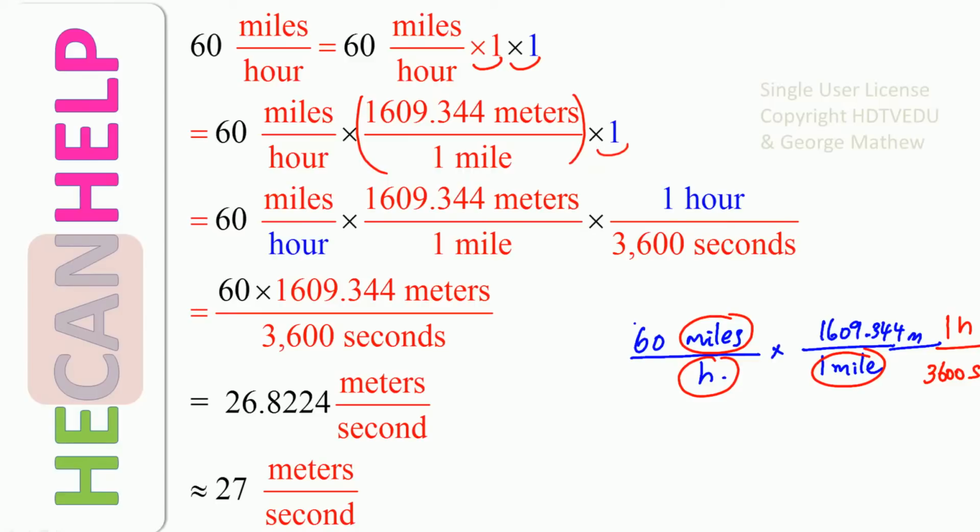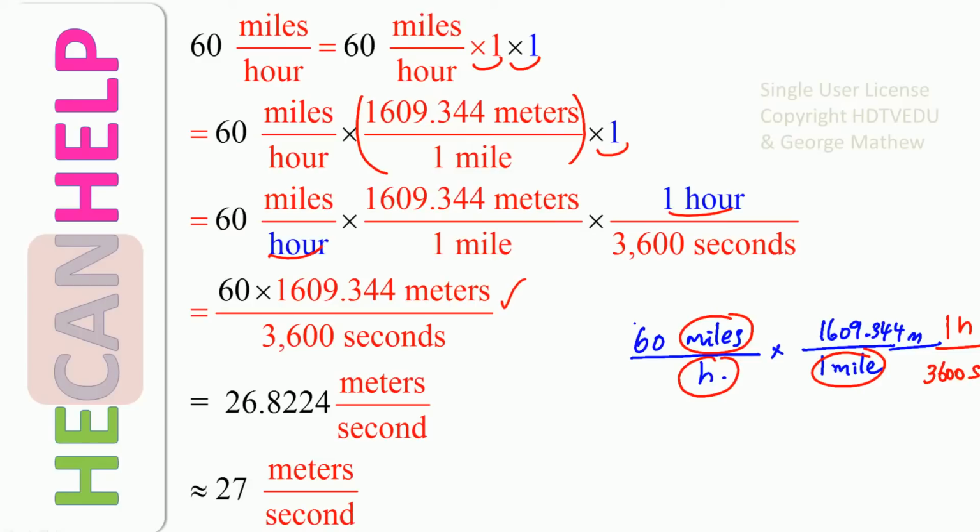And similarly, we replace 1 in such a way that the hour and the hour cancel out. And 1 hour is equal to 3600 seconds. So what is 1 hour divided by 3600 seconds? It's equivalent to 1. 60 times 1609.344 meters divided by 3600 seconds.